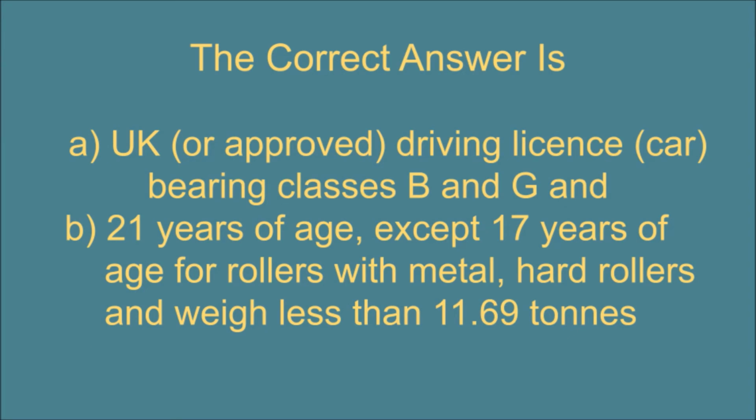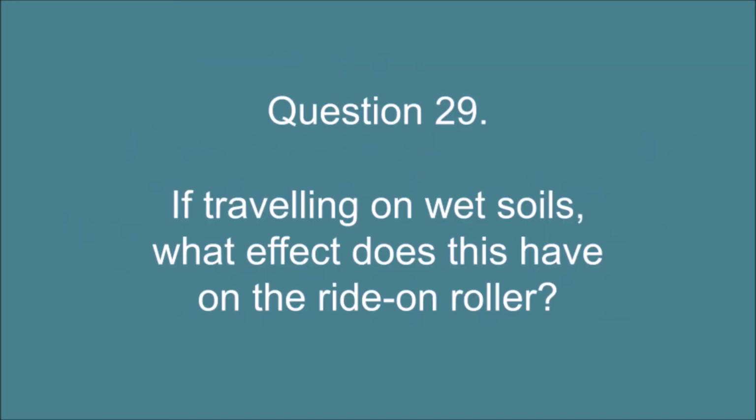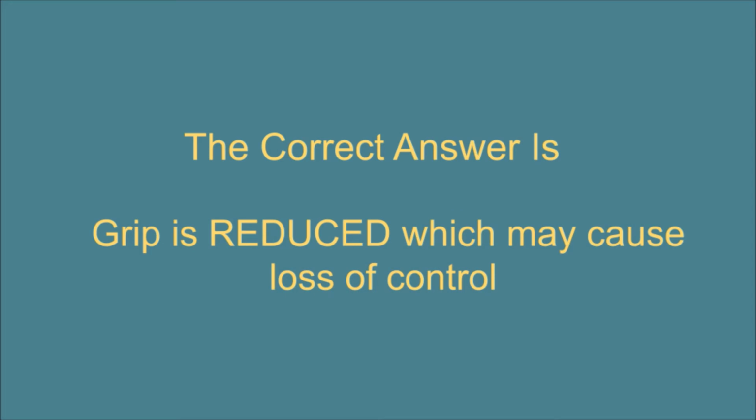The correct answer is A. UK driving license, car bearing classes B and G. B. 21 years of age, except 17 years of age for rollers with metal, hard rollers, and weigh less than 11.69 tons. Question 29. If traveling on wet soils, what effect does this have on the ride-on roller? The correct answer is grip is reduced, which may cause loss of control.